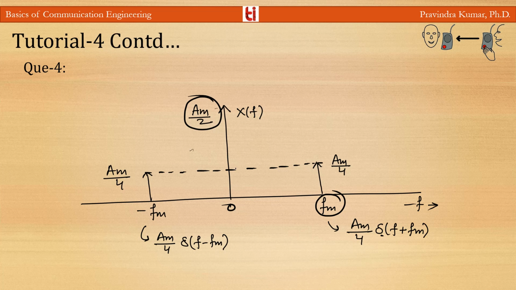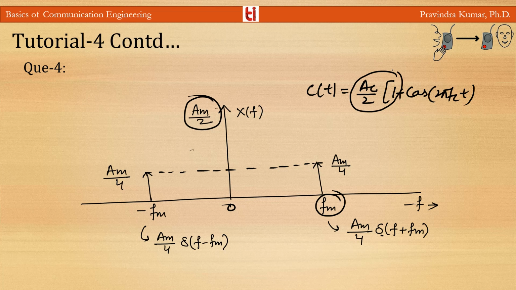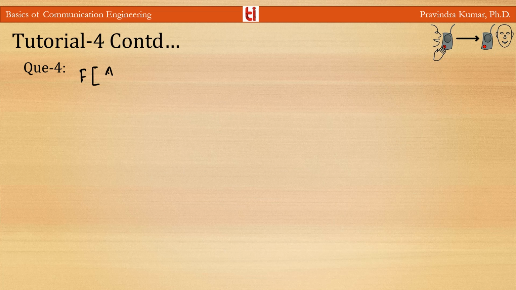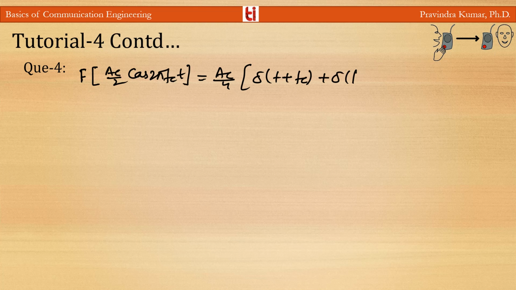Now the spectrum of the AM signal. ct is given as AC by 2 times 1 plus cos 2 pi fct. So this carrier has a DC component AC by 2, and the Fourier transform of this DC component will be AC by 2 delta f. The Fourier transform of AC by 2 cos 2 pi fct will be AC by 4 times delta f plus fc plus delta f minus fc.